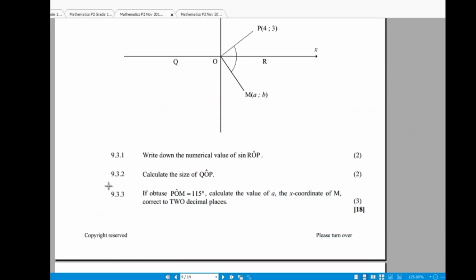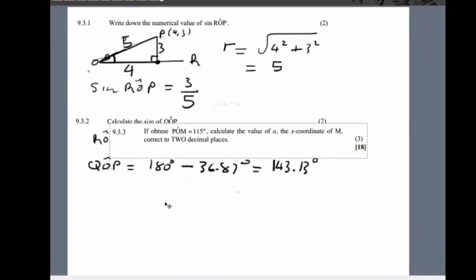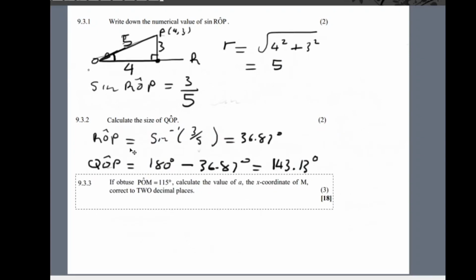Let me copy this question. So calculating the value of the angle ROM, we will say the angle ROM will be equal to 115 degrees minus the angle ROP, which is 36.87 degrees, right?